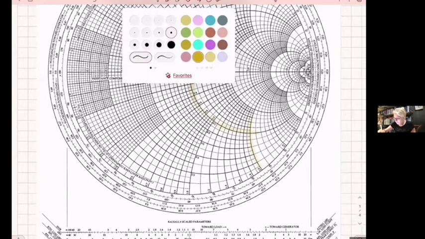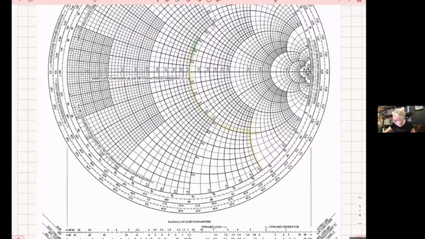I'm intersecting this circle, which corresponds to real part 1, with this circle that corresponds to minus J2. The reactive part is going here. In fact, 2 is here, minus J2, 1 is here for the real part. The intersection of the two circles is this one.